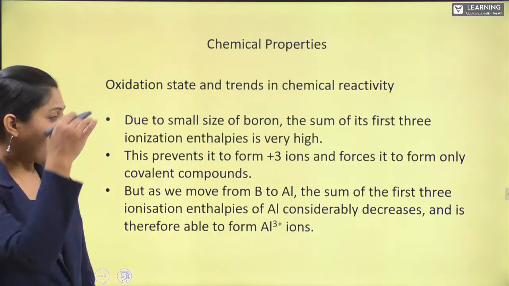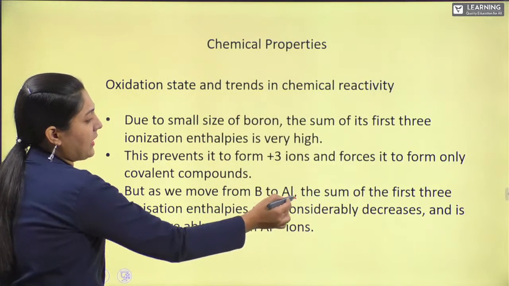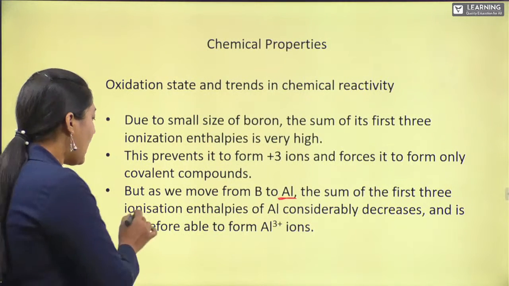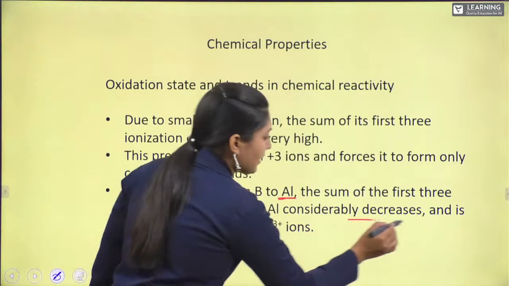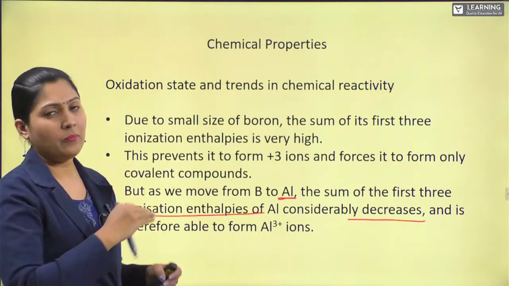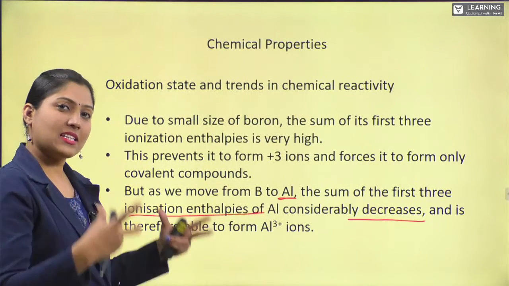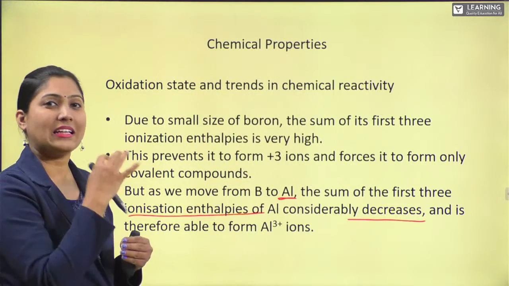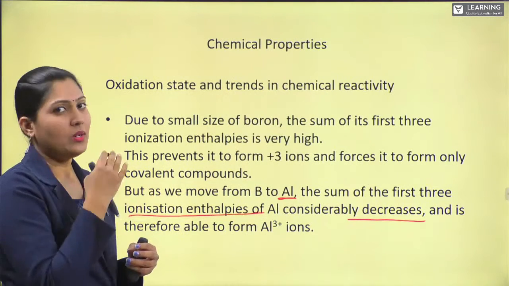But as we move from boron to aluminium, what happens? Aluminium can have the +3 state. The sum of the first 3 ionization enthalpies of aluminium considerably decreases as we go down the group from boron to aluminium, because the size increases. As size increases, the distance from the nucleus to the outermost orbit increases, so the attraction also decreases.